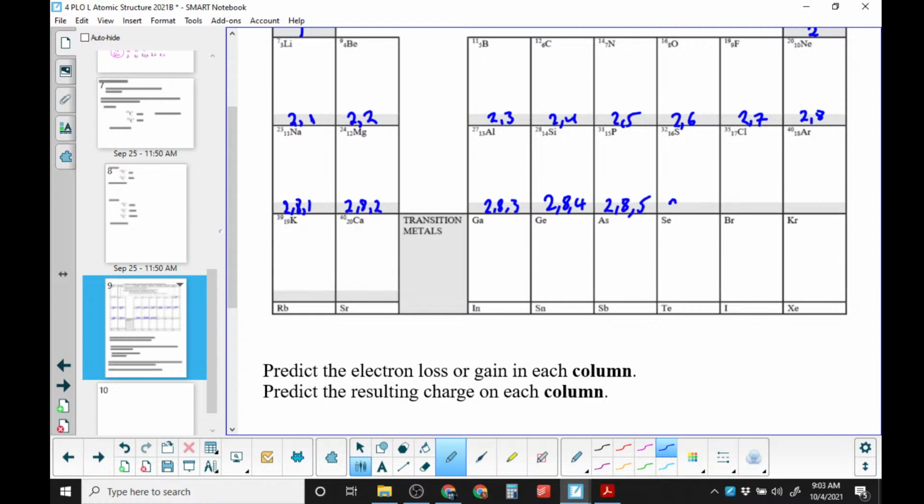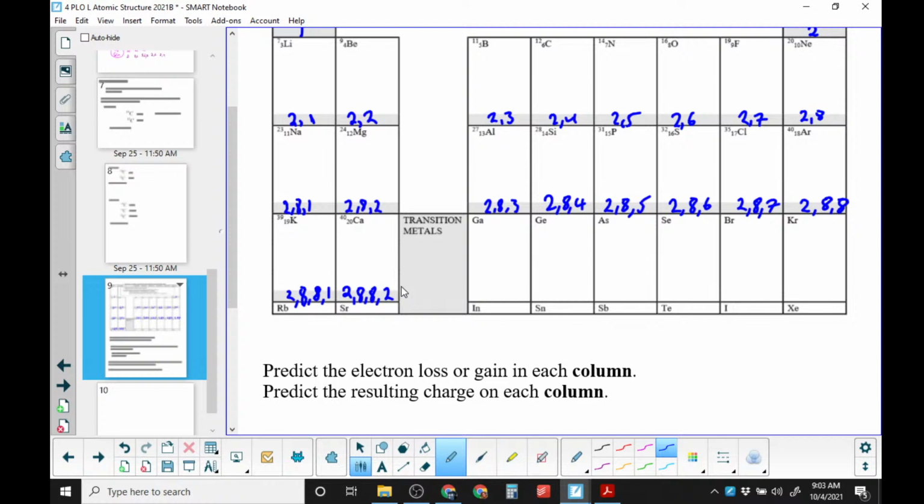And we can see the pattern should be coming clear. And then we reached it. Now, the reason I asked you to stop: 2, 8, 8, 1, to, what's the last one? 2, 8, 8, 2.